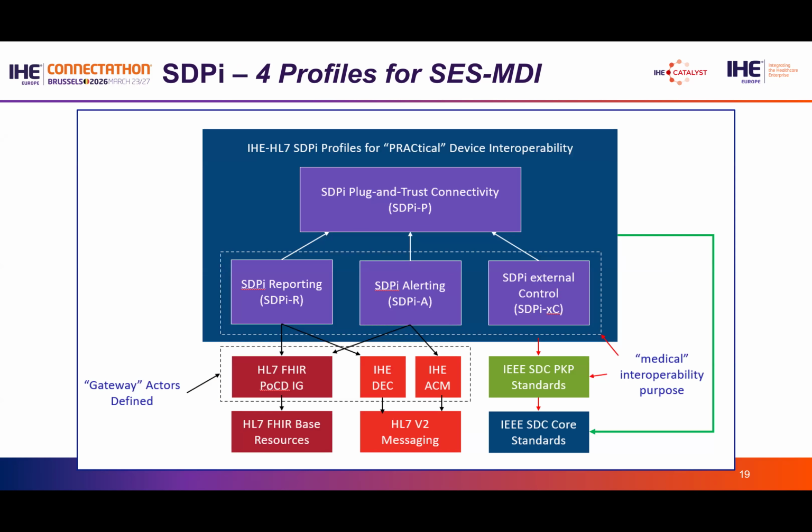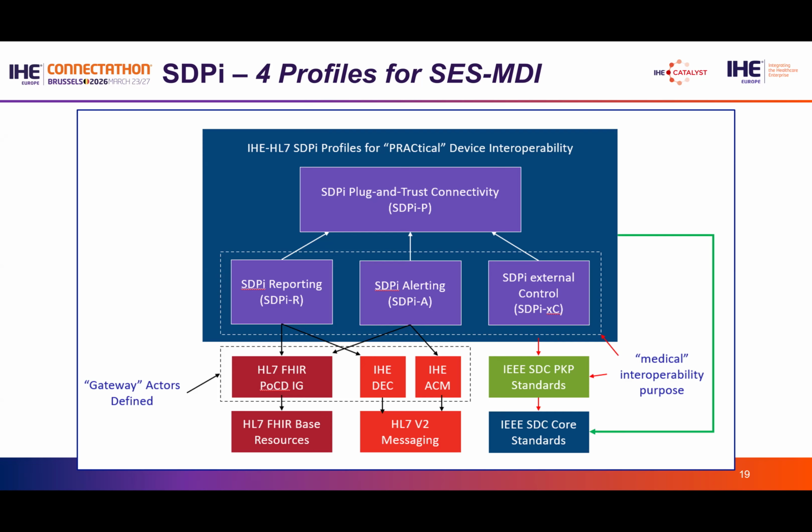There are 4 profiles within SDPi, service-oriented device plug and trust interoperability. There's a basic connectivity one. So how do you discover and secure and establish the device connectivity? And then 3 specific areas: device information reporting, alerting, as well as external control.